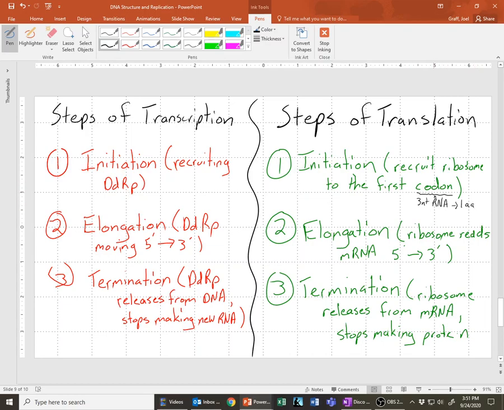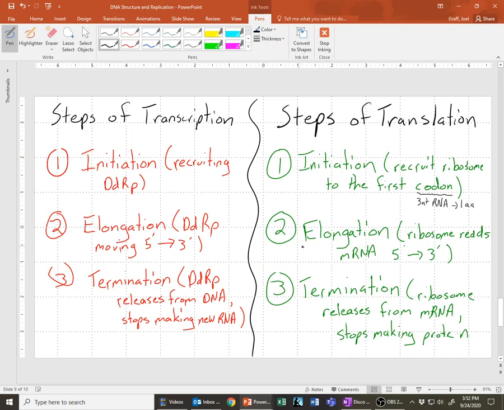So those 3 nucleotides together make the code that gets made into the amino acid. The ribosome, again, is a big complex enzyme that will do this.